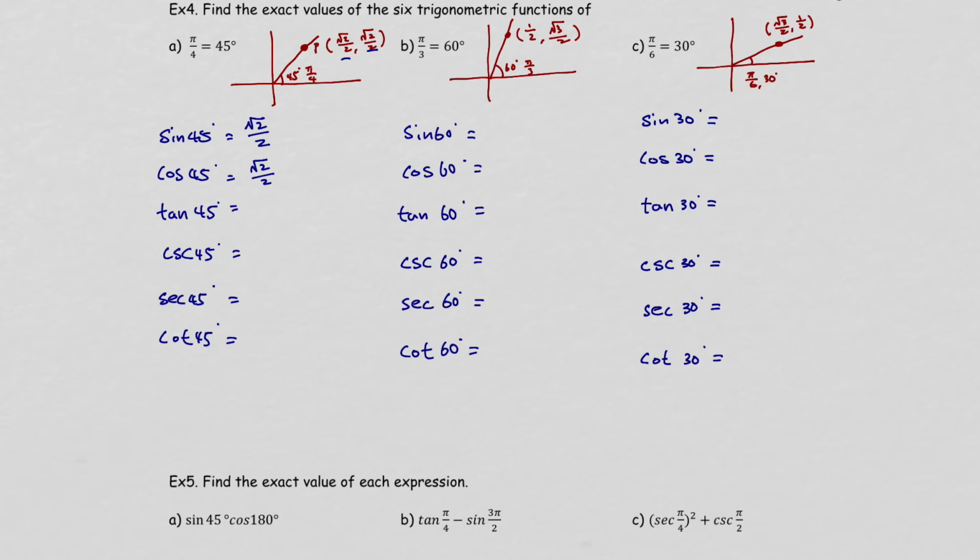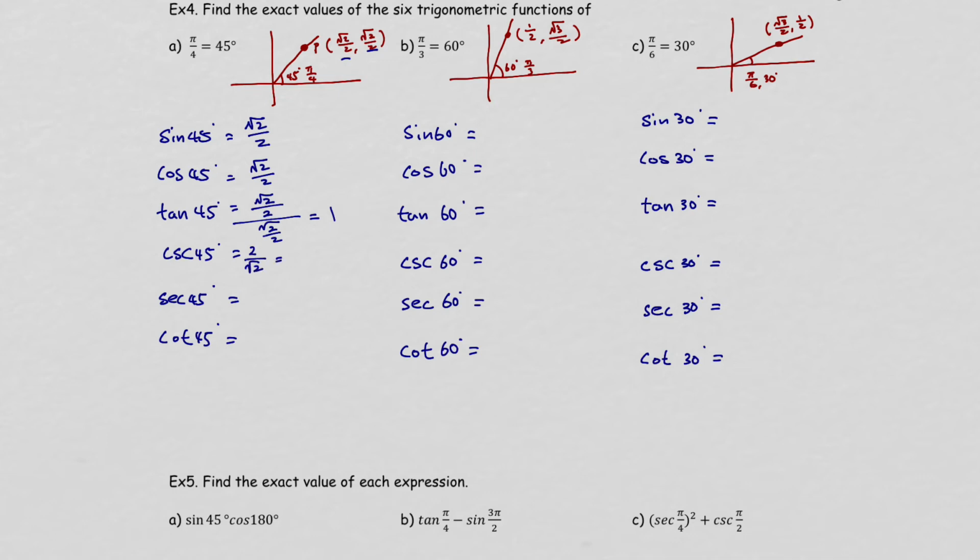Your tangent is going to be y over x, which is the same value, so that gives you 1, right? Same thing over same thing is going to be 1. And then cosecant, flip the signs. So it will be 2 over square root of 2.